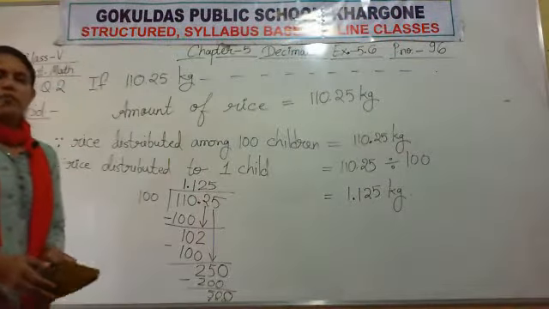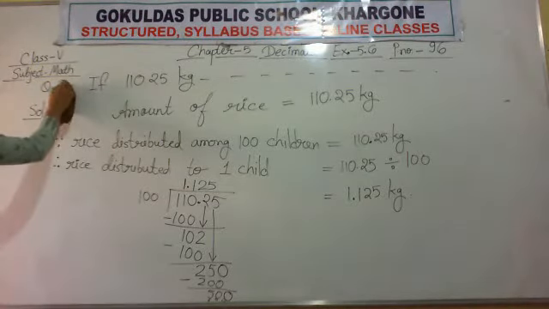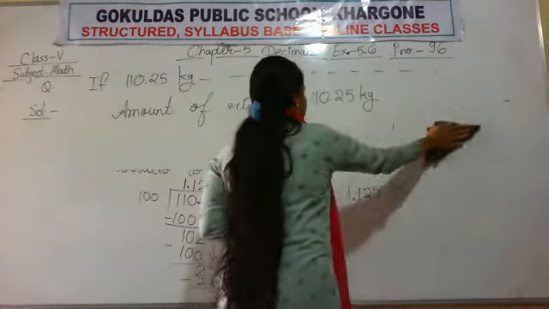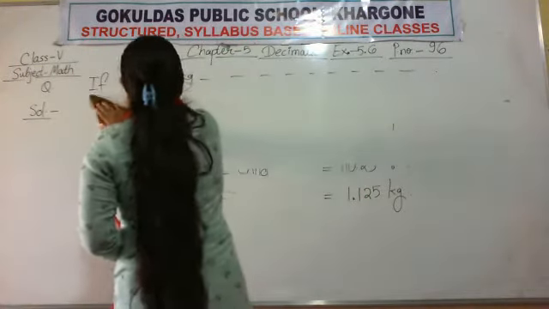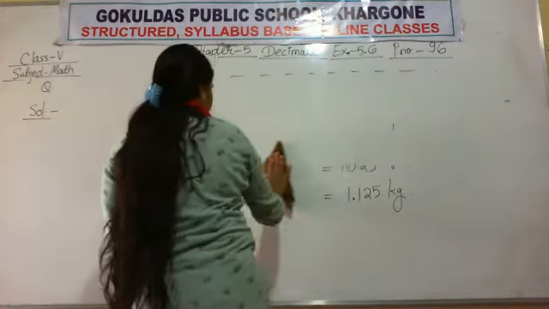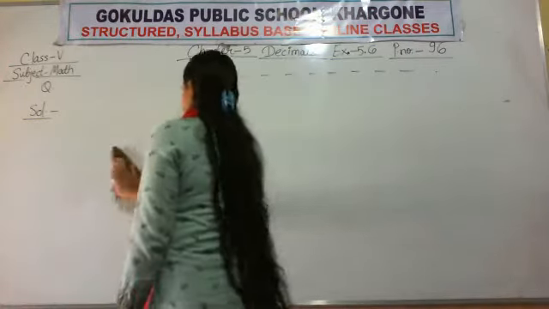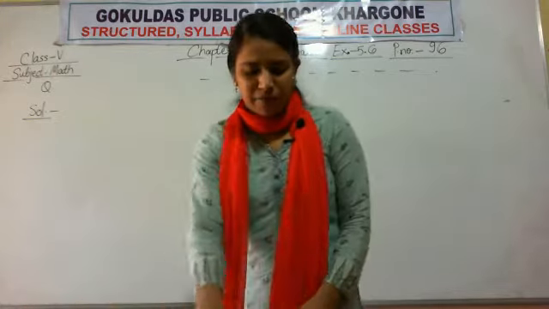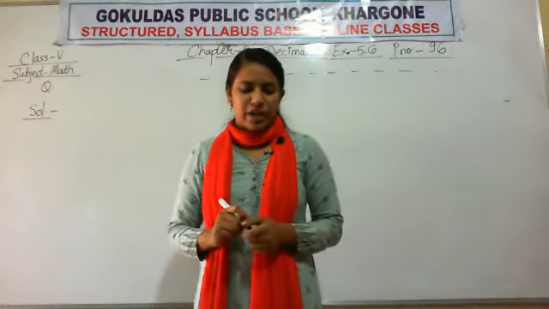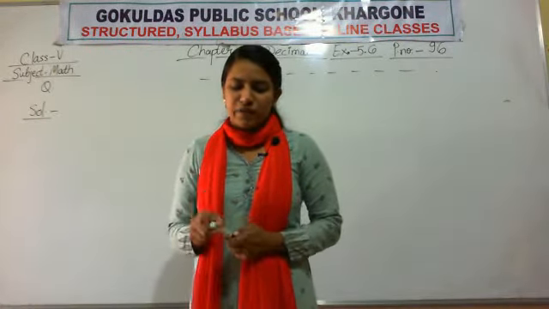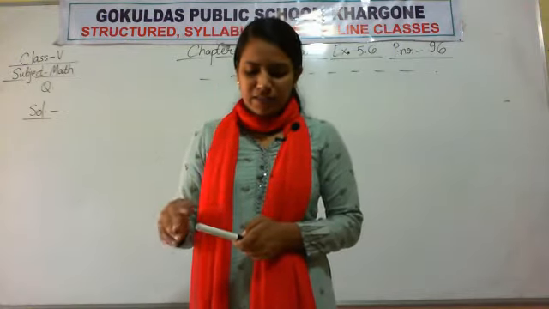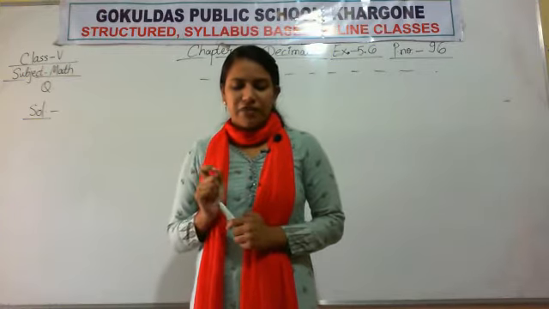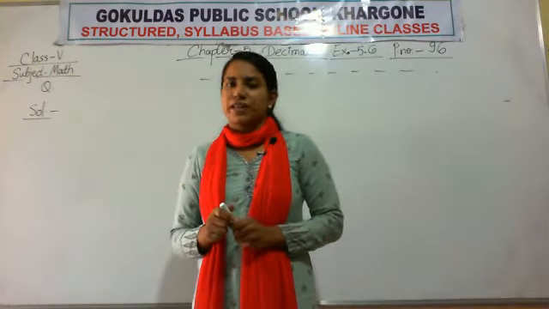Now, word problem number 3. If 112 liters of oil is to be filled equally in bottles whose capacity is 3.5 liters, then find how many such bottles will be needed.